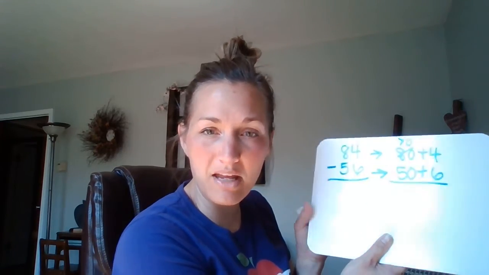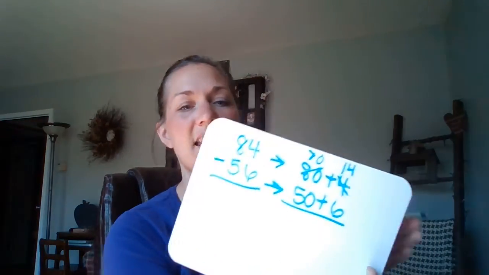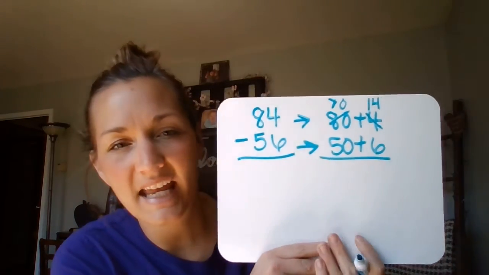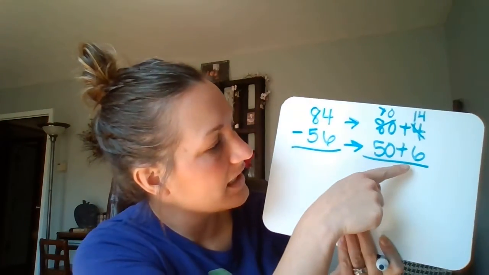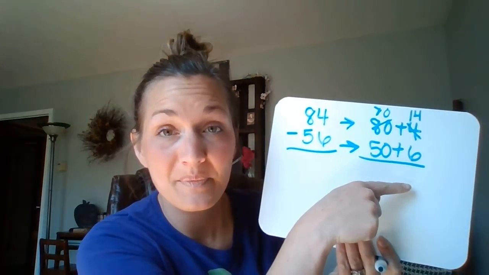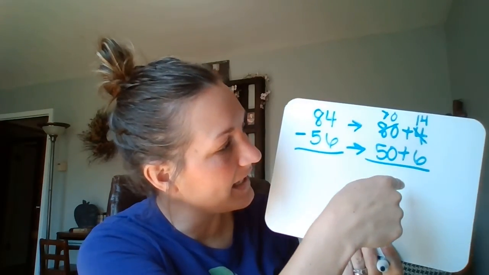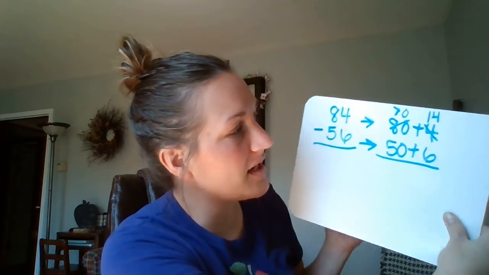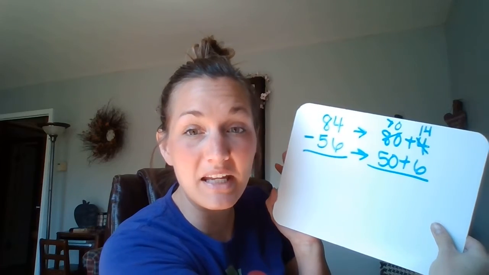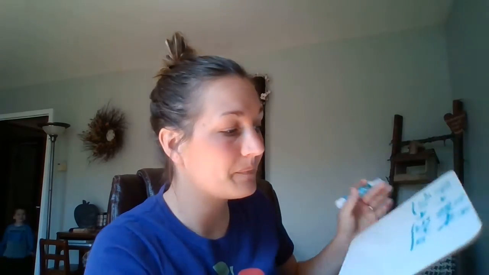So 4 now becomes 14 because I'm adding a 10 to it. Now I look at my number here and I can see, is 14 larger than 6? Yes, it is. So now I can subtract. 14 minus 6 would be 8.